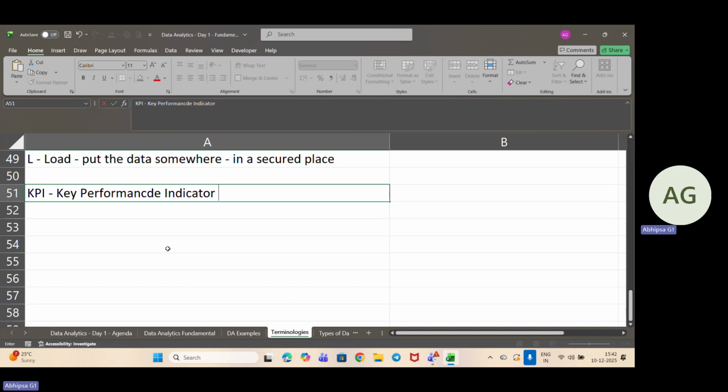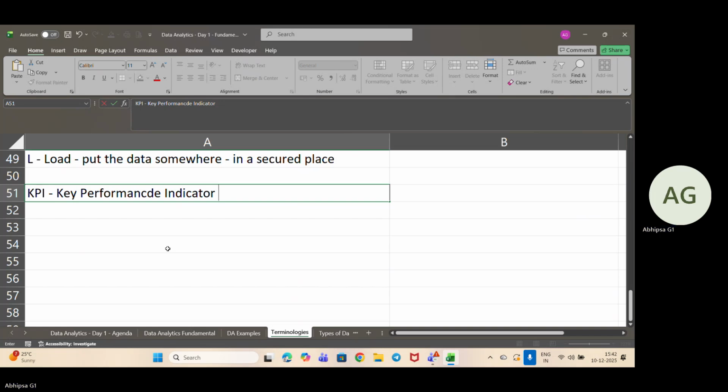For a student, a very easy example is the student with the marks, right? We are getting the marks of the students as a KPI. Now we are checking the marks of the students, and by checking this number, we are able to tell if the student is performing good or not good.